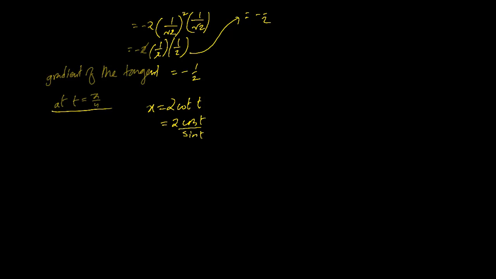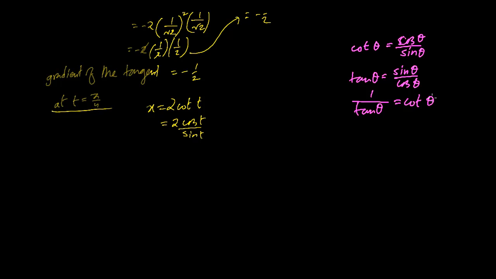Again we have this identity: cot theta is identical to cos theta divided by sin theta. Tan theta is identical to sine theta by cos theta, and the relationship between tan theta and cot theta is that the reciprocal of tan theta is cot theta. So these are the identities that we need.